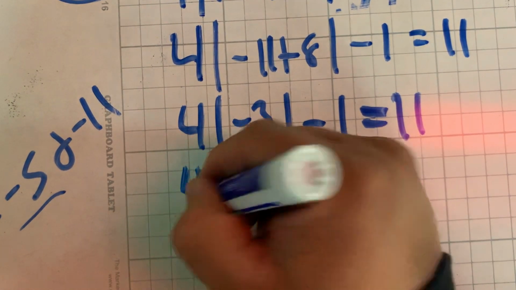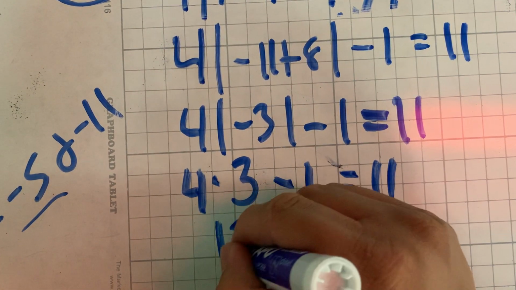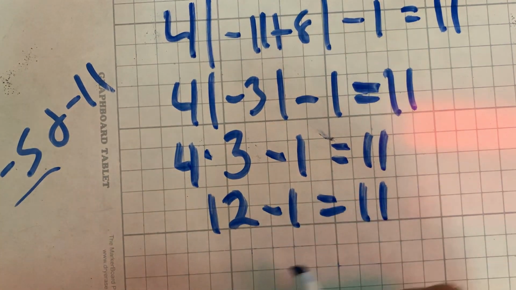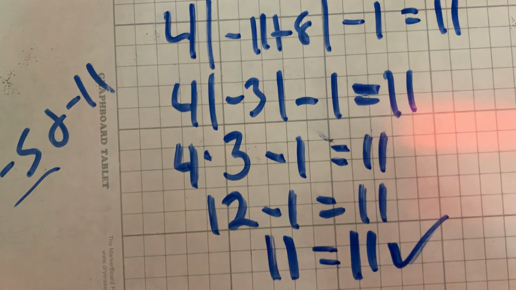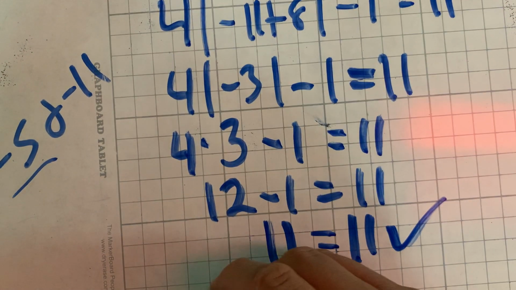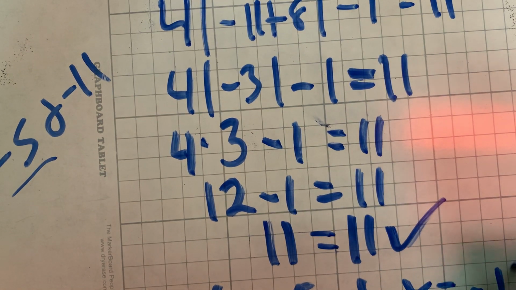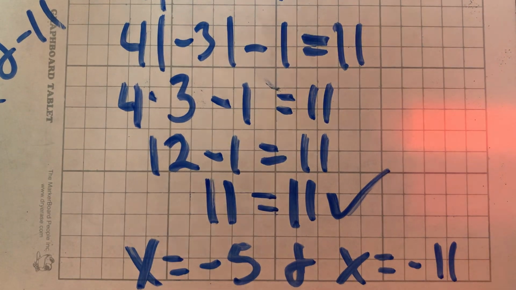Remember, it's being multiplied with 4 and then subtracted by 1. 4 times 3 is 12. Minus 1 should be 11. 12 minus 1, well, that is 11. Does 11 equal 11? Yes. So that means x does equal negative 5 and x does equal negative 11.